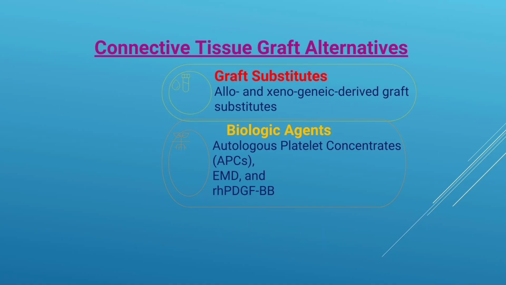To overcome these drawbacks of connective tissue graft, a few connective tissue graft alternatives are available. Those are graft substitutes like allo and xenogenic derived graft substitutes, or biologic agents like autologous platelet concentrates known as APCs, enamel matrix derivatives, or recombinant human platelet derived growth factors.